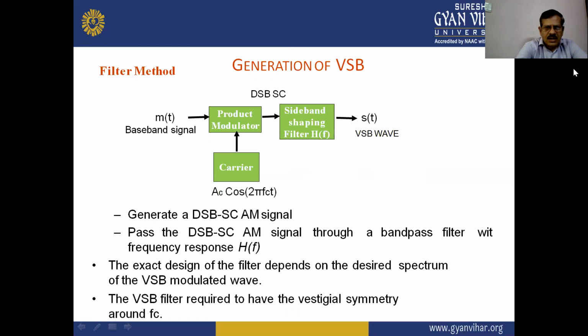There is a baseband signal m(t), which is applied to the product modulator, and to the product modulator another signal, the carrier signal A_c cos 2 pi f_c t, is also applied. In this product modulator, the two signals are multiplied, and the output of the product modulator is the double sideband suppressed carrier signal.